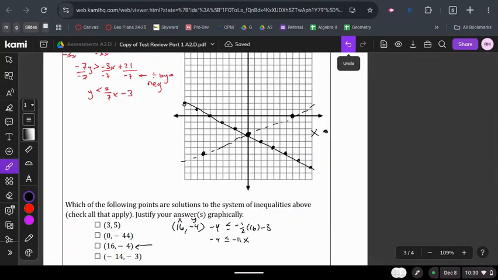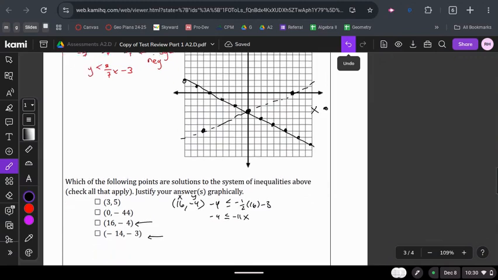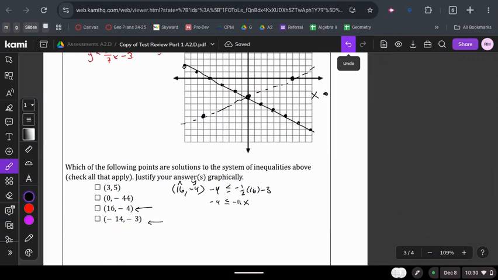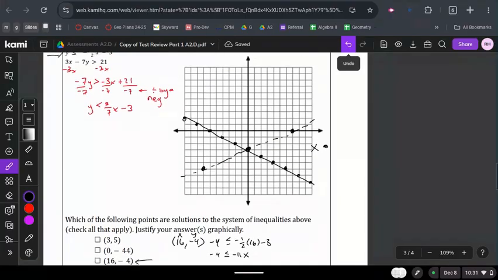So then the second one, let's look at this one here. When I plug in -14 and -3 into the inequalities again, I get -3 is less than or equal to -1/2 times -14 minus 3. So is -3 less than or equal to, that'll be 7 minus 3 or 4. That's true. But wait, there was another inequality that I have to check.